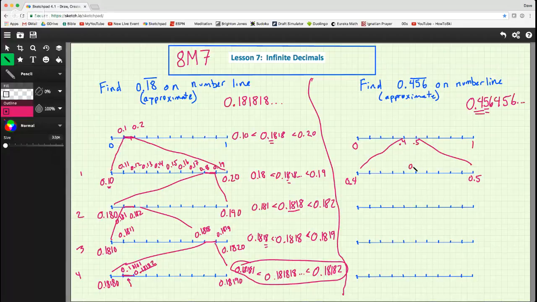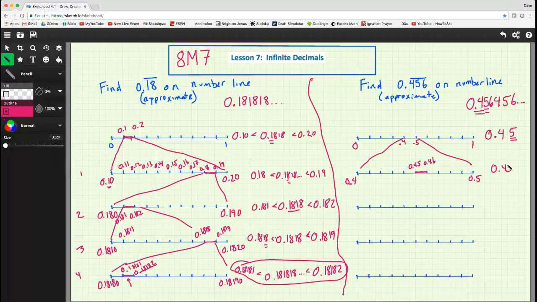So this is 0.45 and 0.46. Right? Because this one's 0.4, and then 5 is the next number that I'm looking between. And I know that this is between 0.4 and 0.5 because of this digit.